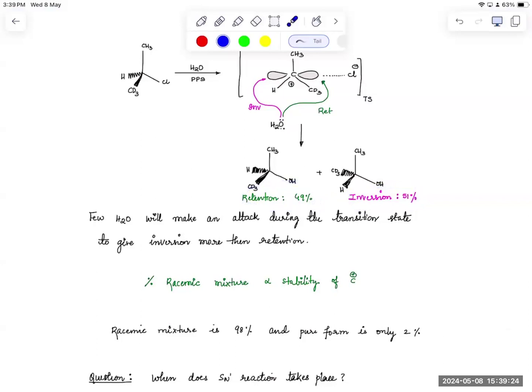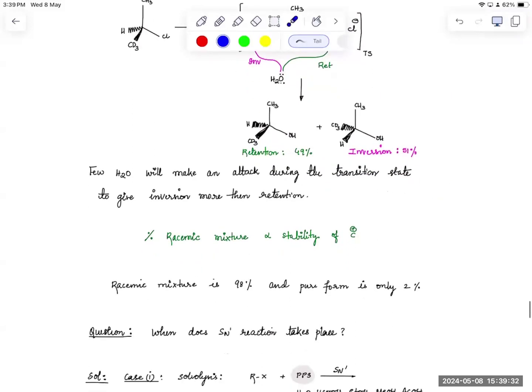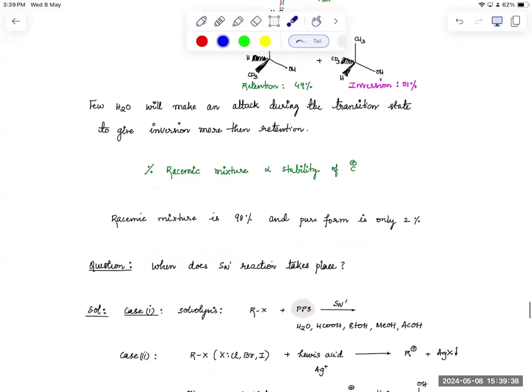Why? Because due to tight ion pair, there will always be a small amount of extra inversion, slightly more than retention. So the percentage of racemization is always proportional to the stability of the carbocation. With a more stable carbocation, the racemization percentage will increase and the pure form will only be 2%. Correct?